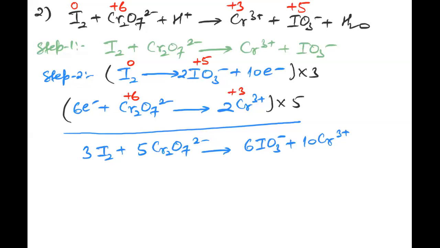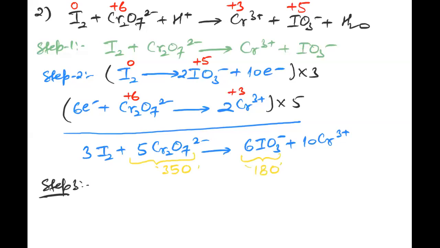Then the next step, step 3. You have to balance the oxygen or hydrogen atoms. On the reactant side, the total number of oxygen atoms is 35, and on the product side we have 18 oxygen atoms.